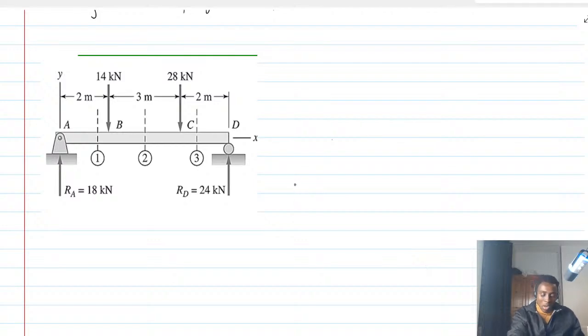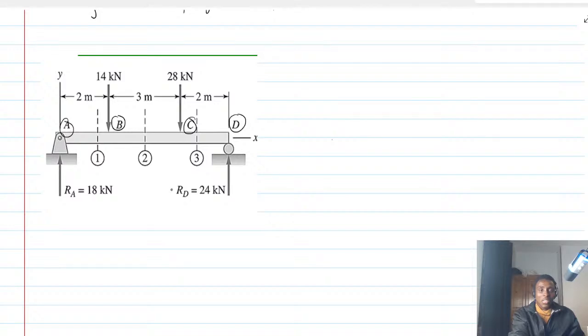And then if you have any other question, we can look at it. All right. So to begin with, this is how we do it. We are going to take each section. So we have A, B, C, and D. So we will take each section and cut a portion.